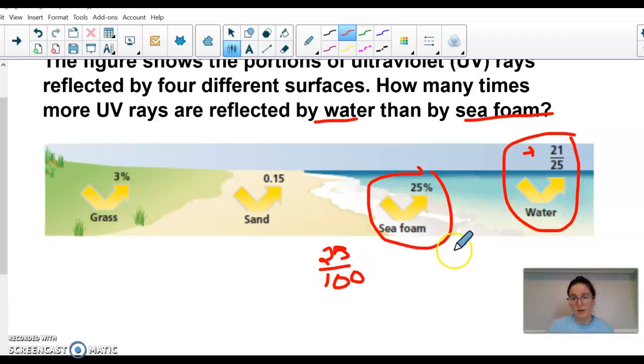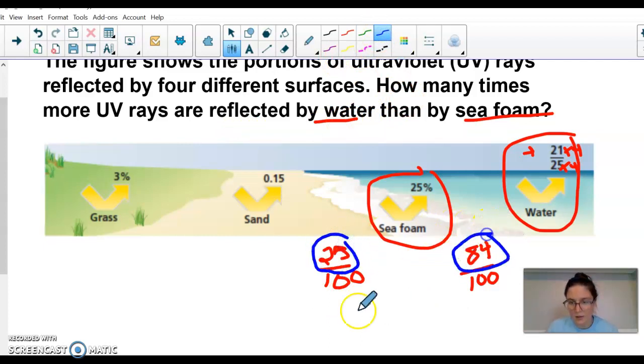Then we're going to take our water and make it into a common denominator, which means I'm going to multiply by 4. So that is 84 out of 100. I want you to know how many more times UV is reflected by water than sea foam. Since my denominators are the same, you're going to look at your numerators. So 25 times what number is equal to 84? You're going to work the opposite and do division.